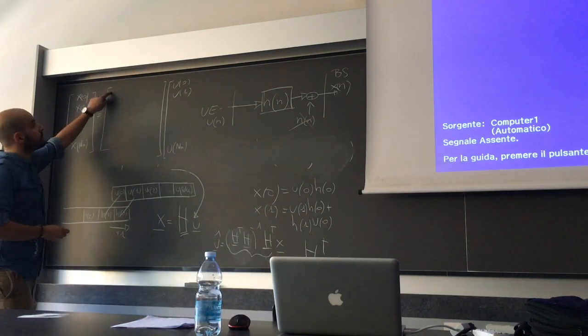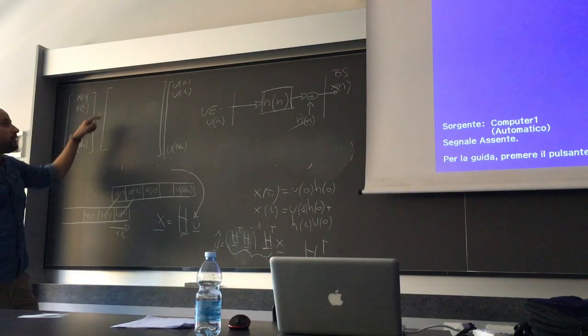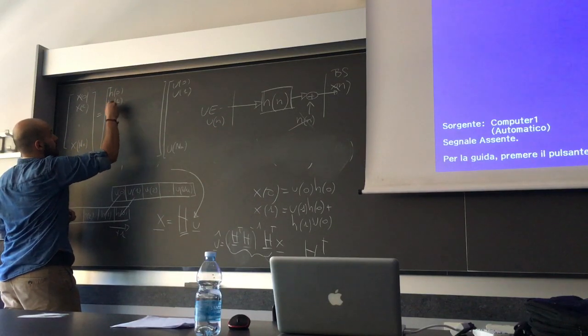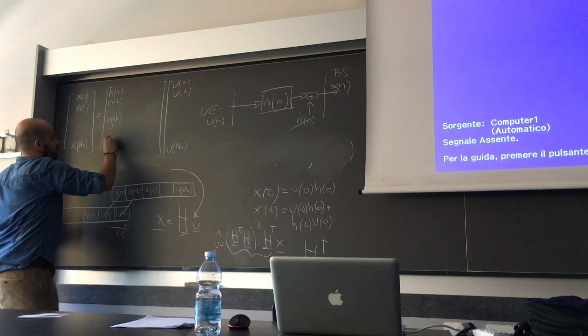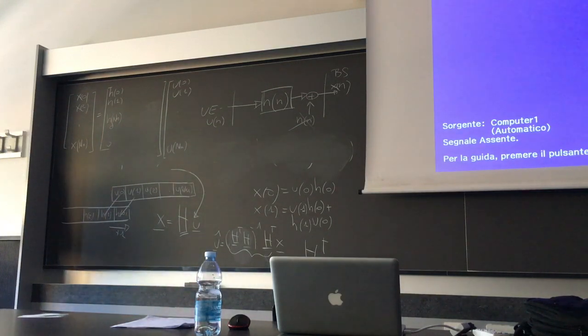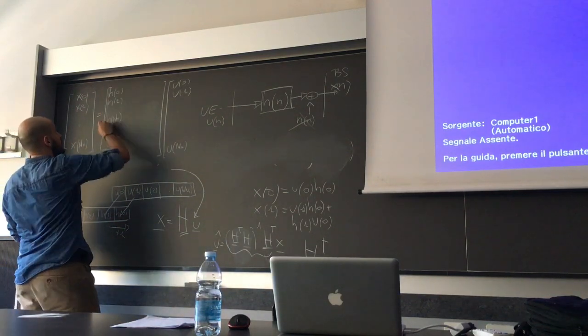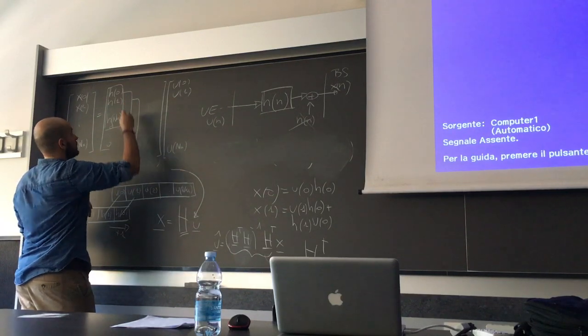So what goes here? Exactly, thank you. And then what happens to the second column? Remember, we have to shift. The second column is just a shifted version of the first one. So this is the one, then you have another one here, and another one here, and so on.